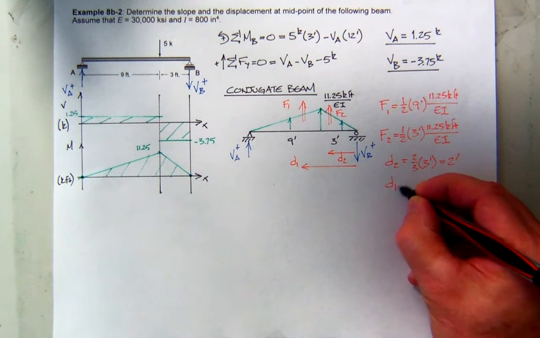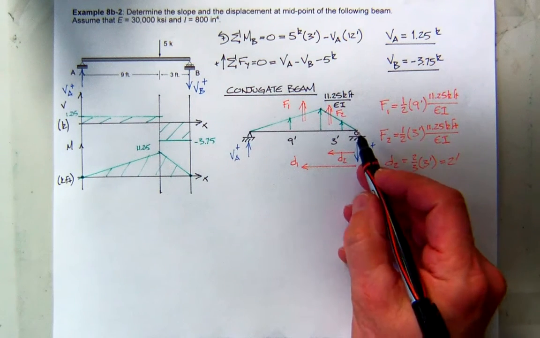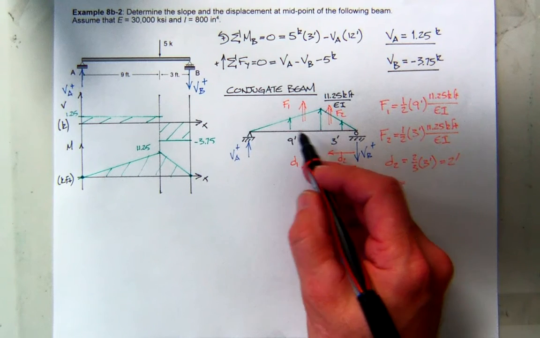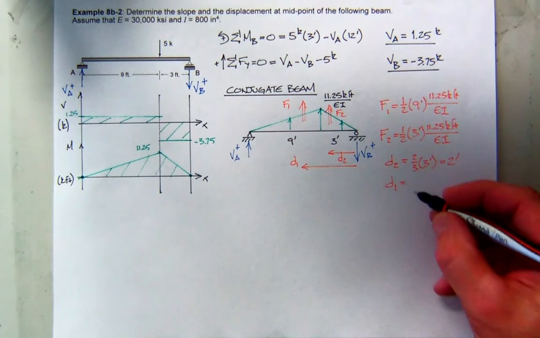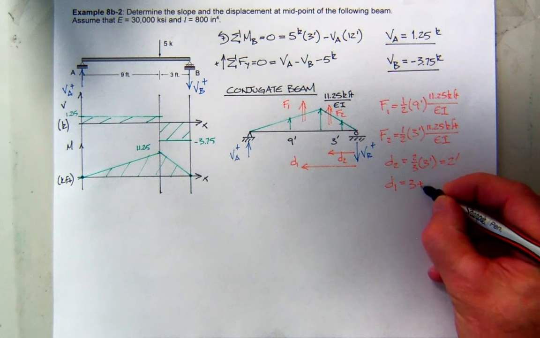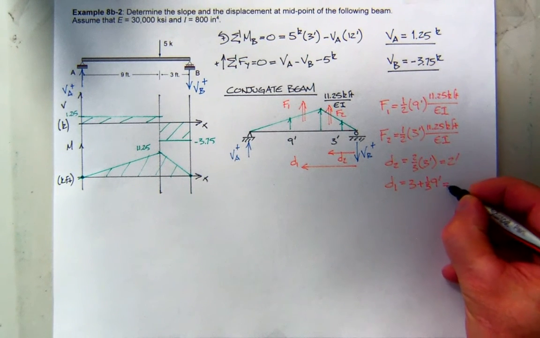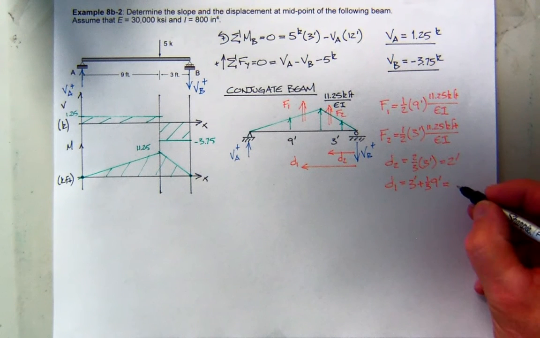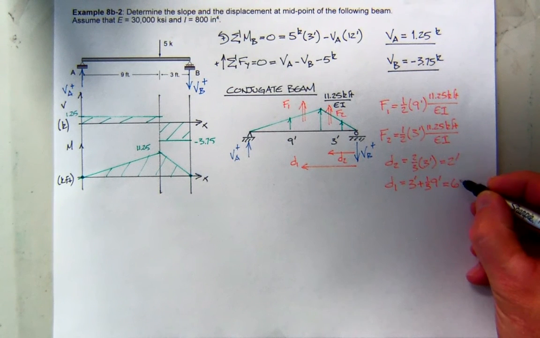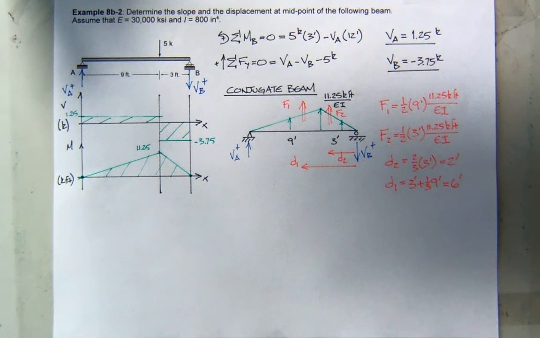And then D1 is going to be what? Well, it's 3 to get there, and then how much of 9? 1/3. So I'll have 3 plus 1/3 of 9 feet, which is 6 feet. So I've got all the pieces I need.